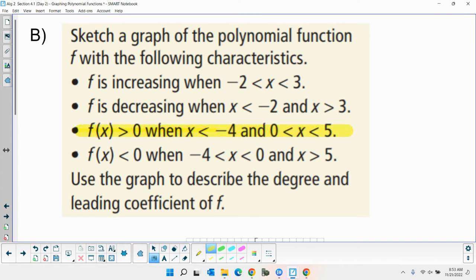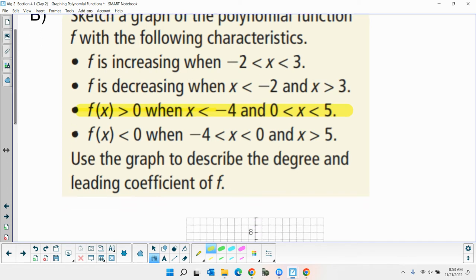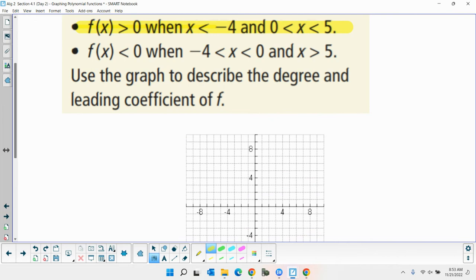Okay. Positive, above, less than what? -4. That makes sense? You okay there? Where else? Between 0 and 5.